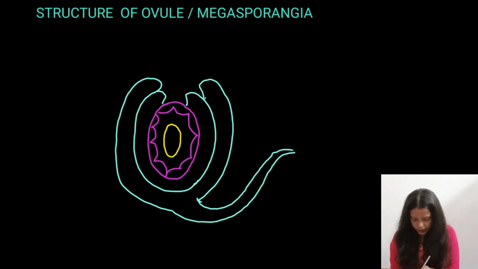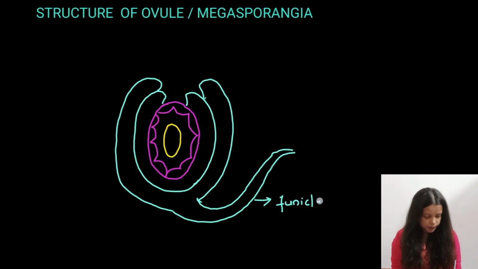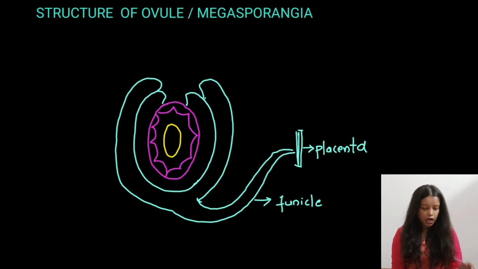As I said, the stalk of the ovule is known as funicle. The funicle is fused with placenta. Here there will be placenta. Next, the funicle and ovule are connected through a junction which is known as hilum. Hilum is the junction between funicle and ovule.